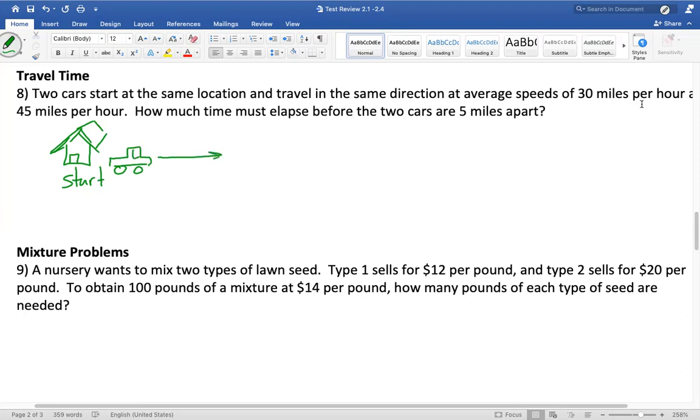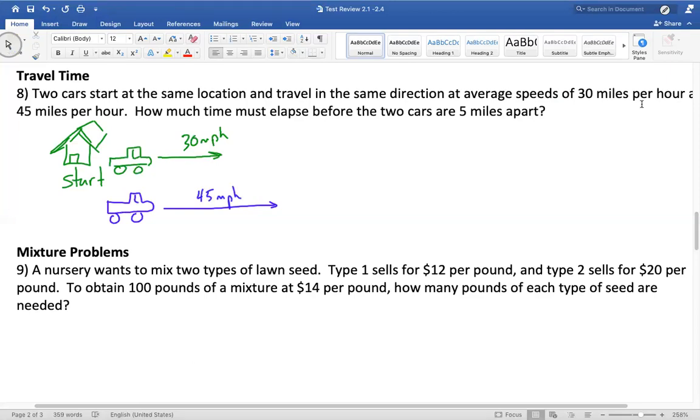They start and go this way, and then the other one left at the same time. Make another pickup truck since I seem to be pretty good at drawing them. This one's going a little faster. So the green one was going at 30 miles per hour, and this one's going at 45 miles per hour.